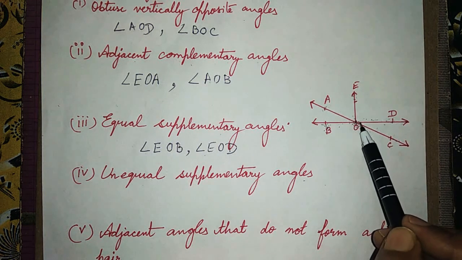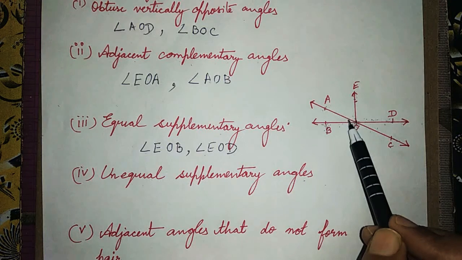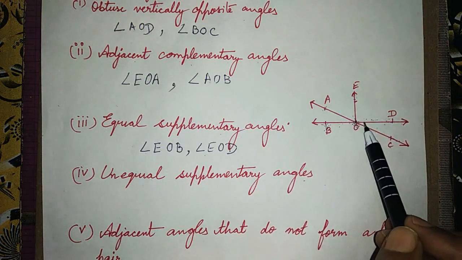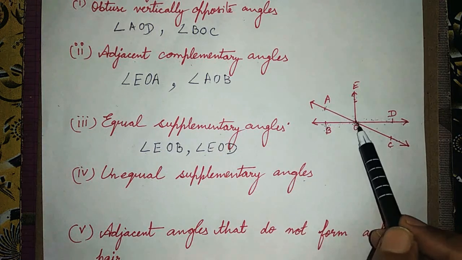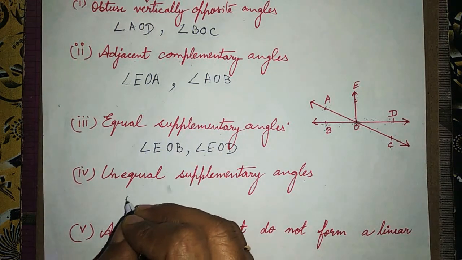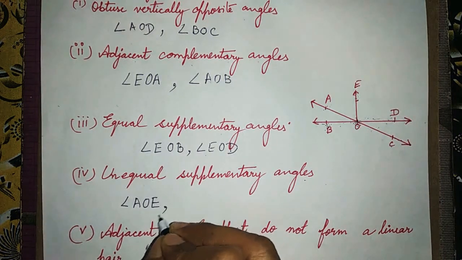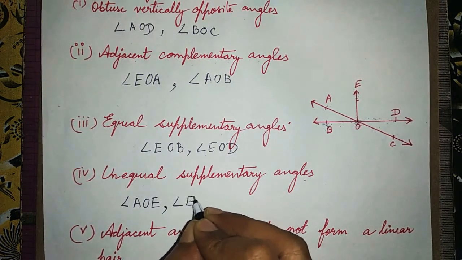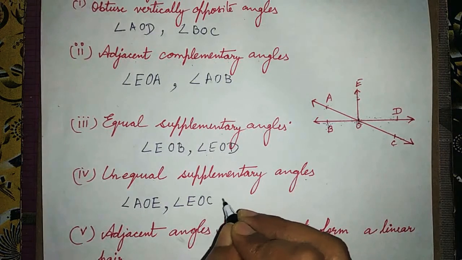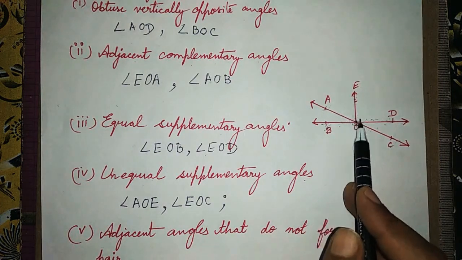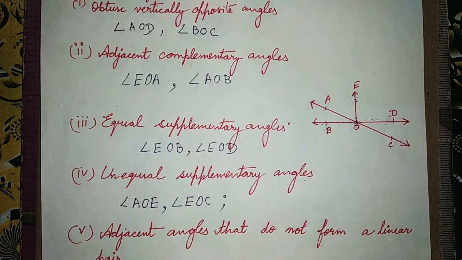So you can say they are unequal and they are supplementary also. So first pair we can take angle AOE and angle EOC. Both are supplementary and both are unequal.